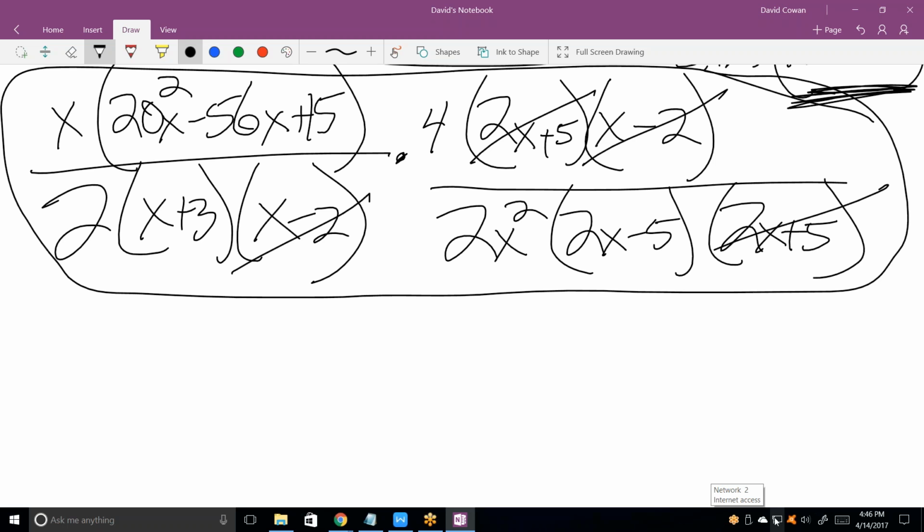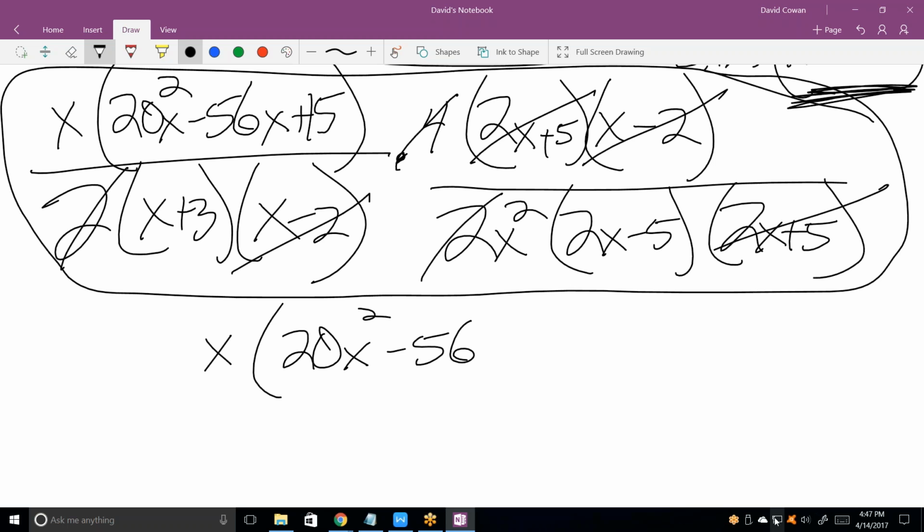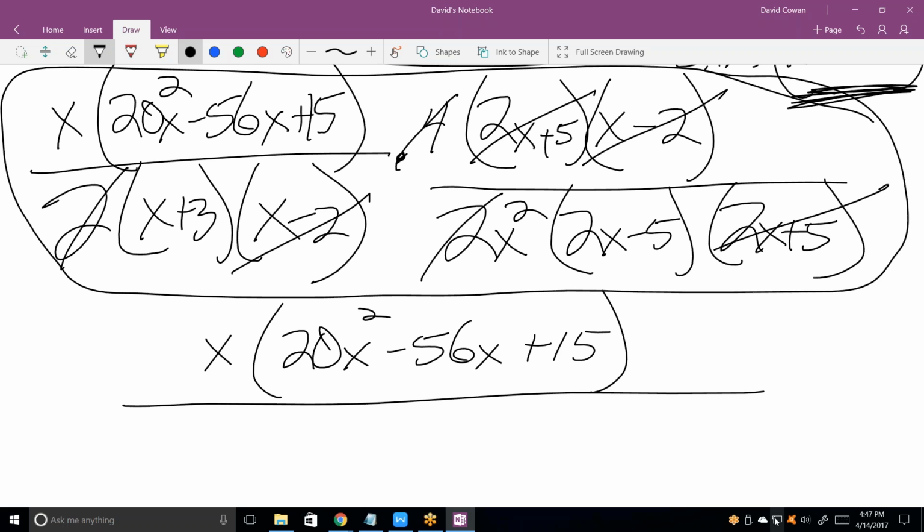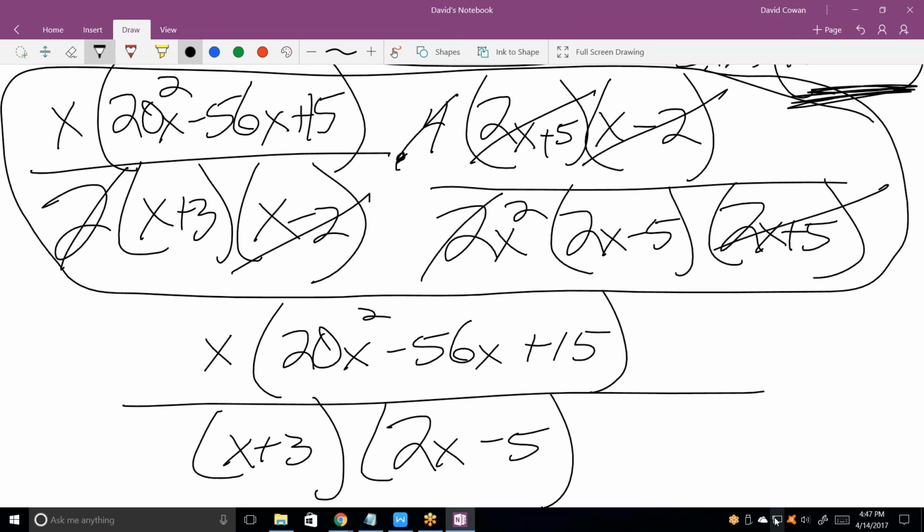And I see a 4 and a 2 and a 2. So, what does that leave me with on top? It leaves me with this. And on bottom, leaves me with, I got an x plus 3 over here, and I got a 2x minus 5 there.